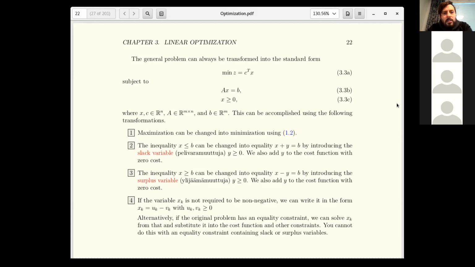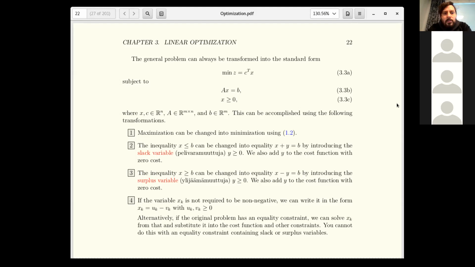Inequality can be changed into an equality. If we have an inequality constraint, which is something like x is smaller than or equal to b, we introduce a slack variable. And this can be done also for linear constraints.